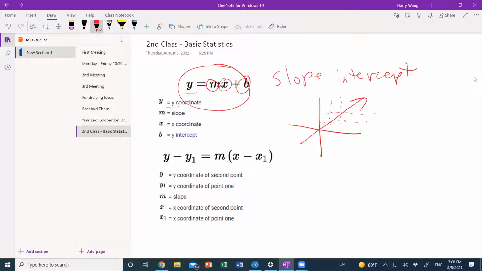And what that means is, for any given point on the line, for example, let's take this point here. The rise, which is the distance off the x-axis, which is clearly 1 here, over the run, which is the distance from the y-axis, which is this value here.